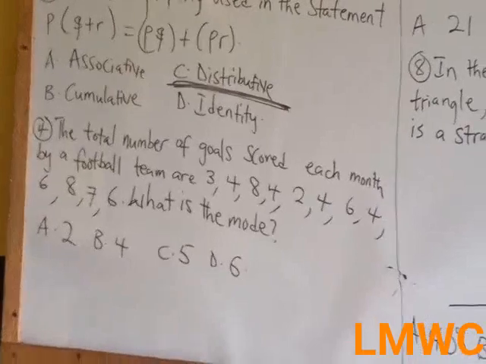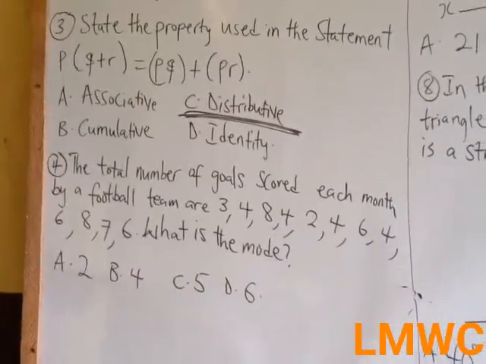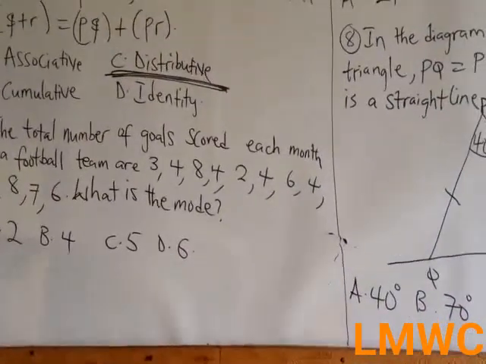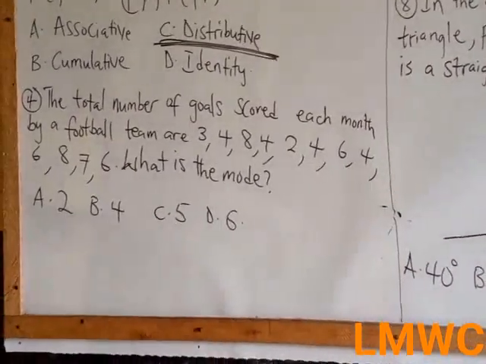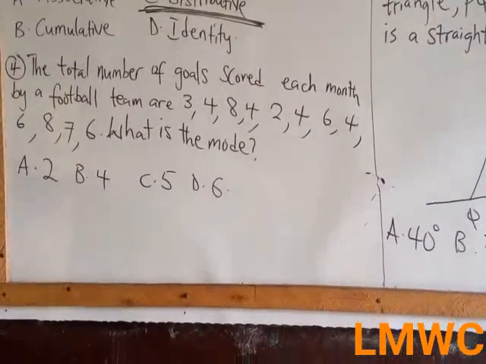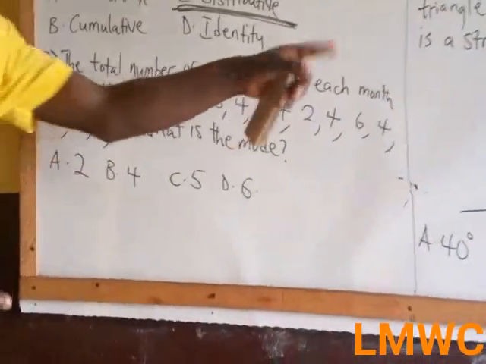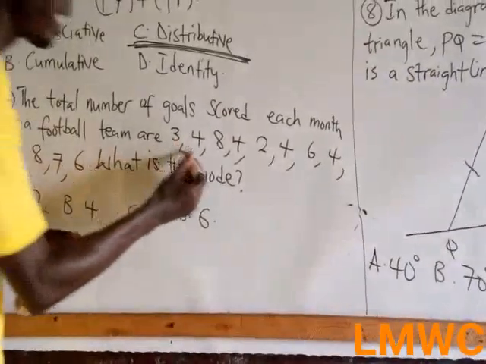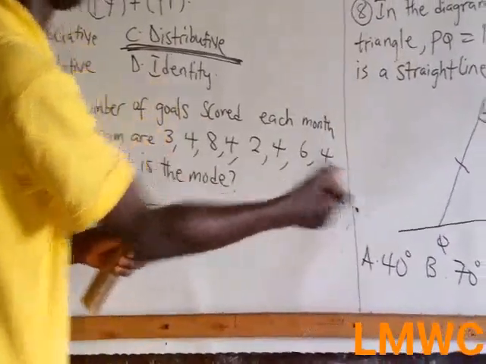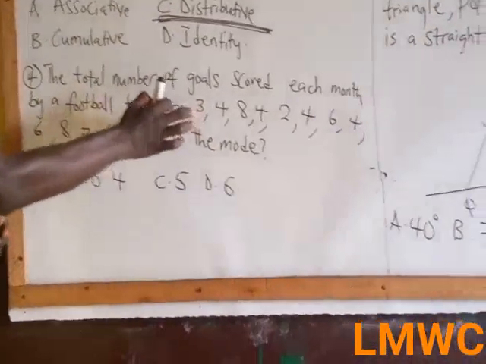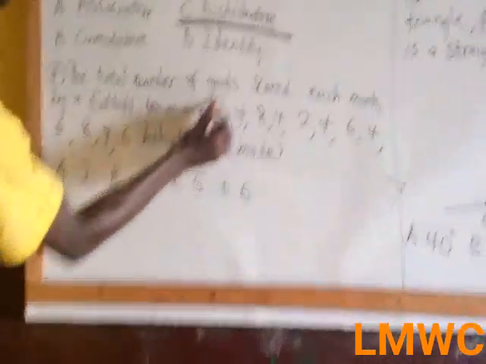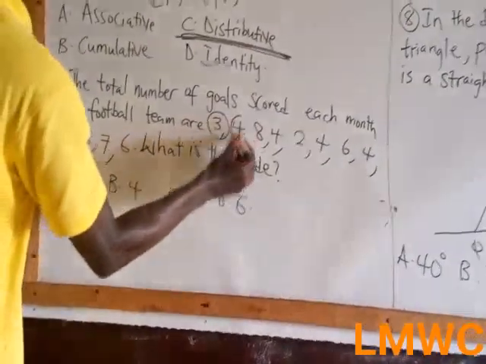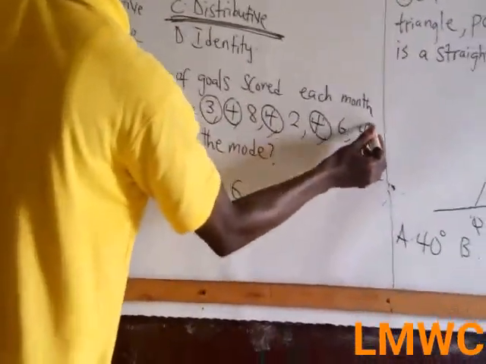C. 4. The total number of goals scored each month by a football team are 3, 4, 8, 4, 2, 4, 6, 4, 6, 8, 7, and 6. What is the mode? This is a raw data. And when we talk of mode, we are talking of the number that occurs most here. Now, let us count how many times 3 occurred here. We have 1. So 3 occurred once here. Let's take 4. 1, 2, 3, 4.